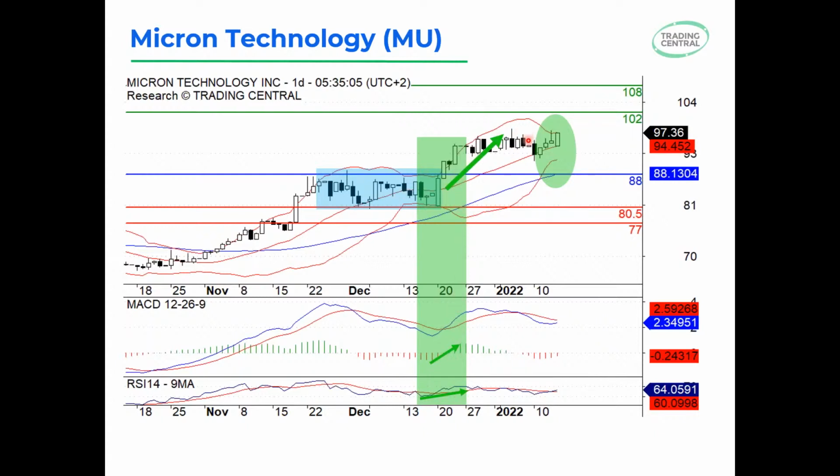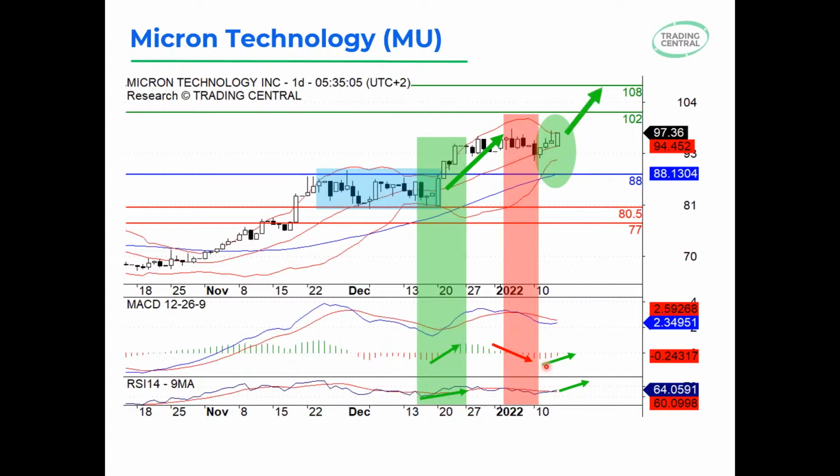How about now? We are seeing, at the start of the year, the MACD histogram turned negative, but look at this, the last one.